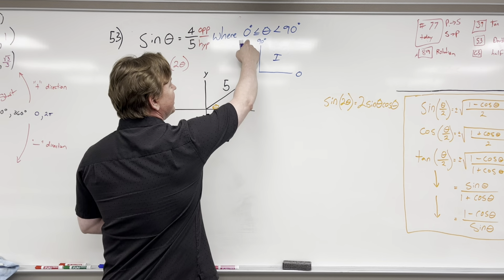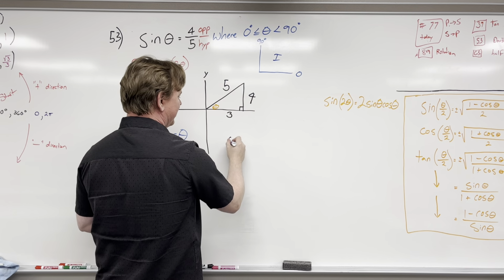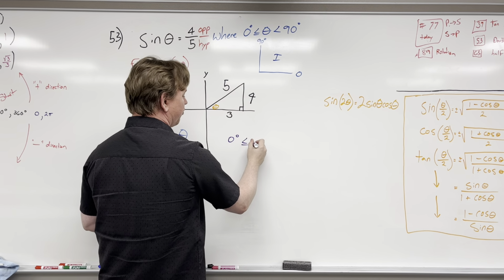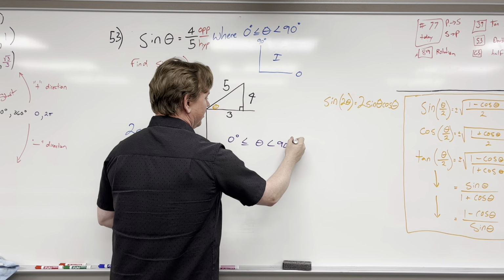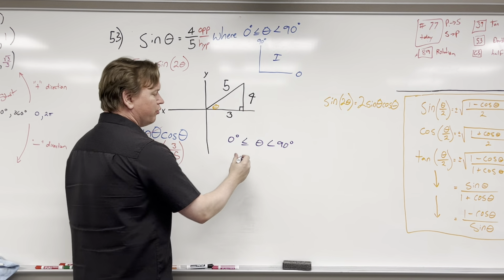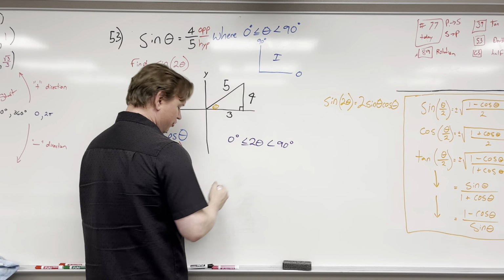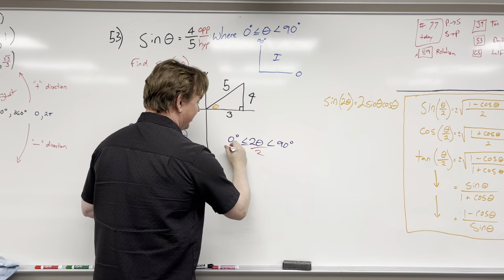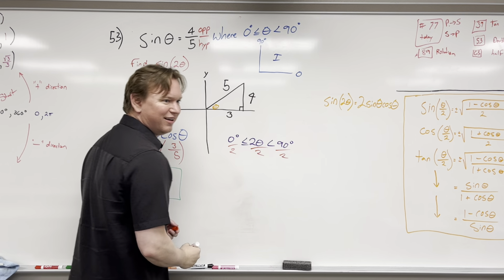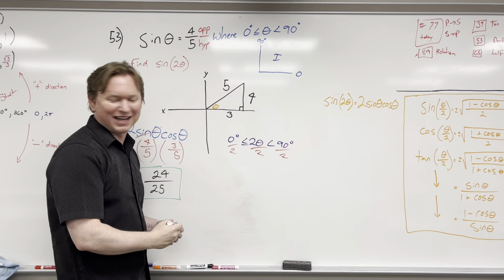But what you would do is take this statement and say, we know the regular angle is in between here. If there's a 2 there, to keep everything even, you have to divide everything by 2. And that tells you where it's at.